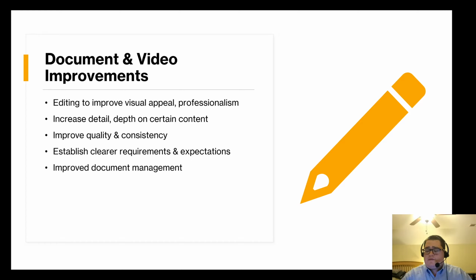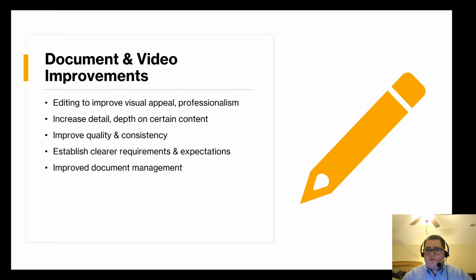Our project definitely is professional looking. It looks good, but there's always improvements to be made. One of the biggest improvements, I think, is increasing the detail depth on certain content. When you compare one lesson to another, you really notice that some lessons go much more in detail than others, and some lessons have a better explanation than others, and it's not super consistent all the time.